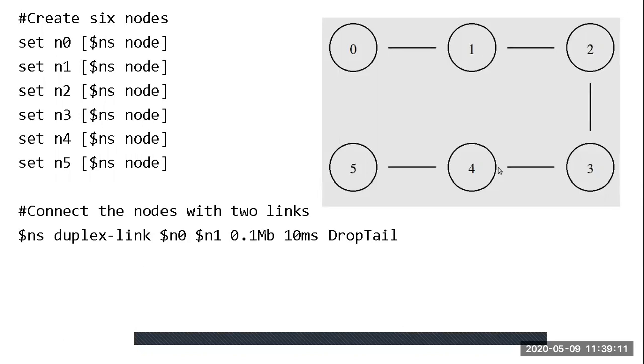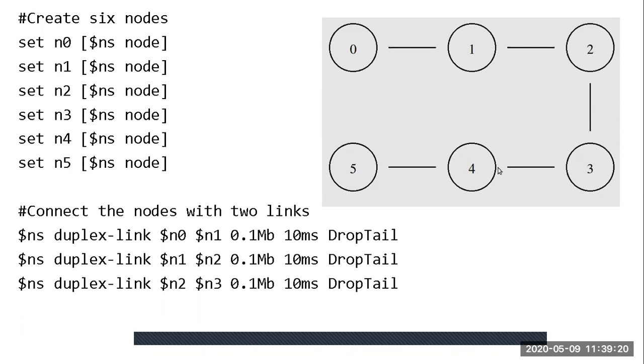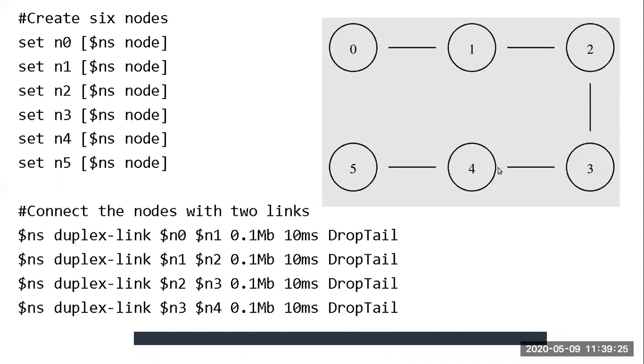Duplex link between 0 and 1 with 0.1 Mbps, 1 to 2 with 0.1 Mbps, 2 to 3 with 0.1 Mbps, 3 to 4 with 1 Mbps, and 4 to 5 with 0.1 Mbps. So all are connected, and it is a duplex link. Duplex link in the sense you can send simultaneously from source to destination and destination to source, in both directions together.